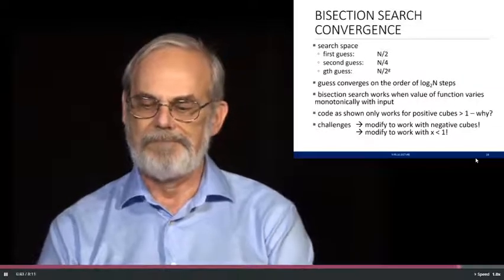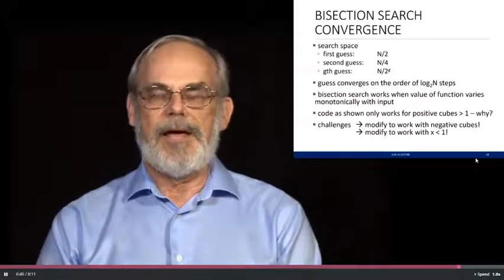That's really nice because it says I don't take linear time, I actually take less than linear time to get there. We'll come back to that idea later on in the course, but this is a great example of a logarithmic time algorithm finding an answer very quickly. I jumped ahead a little bit because I already started talking about what happens if I want to look for cubes only greater than 1.